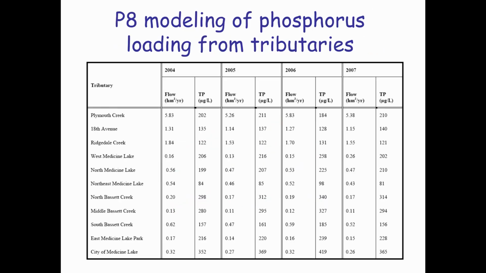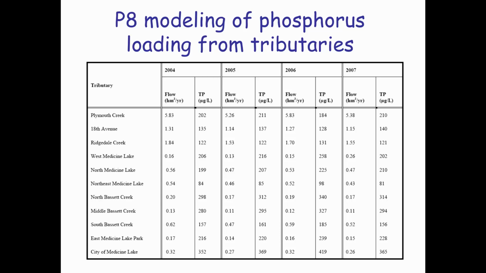All right, P8 modeling. P8 is a model that was developed by the U.S. Environmental Protection Agency for runoff generation, as well as for constituent transport. In this case, the constituent is total phosphorus. You can see we've got 11 tributaries.